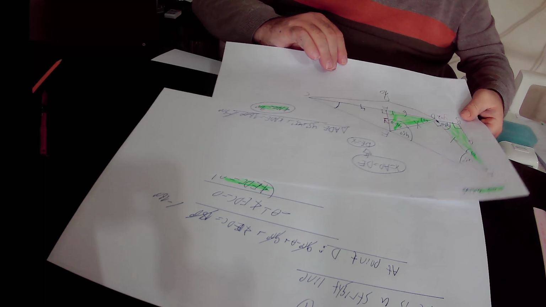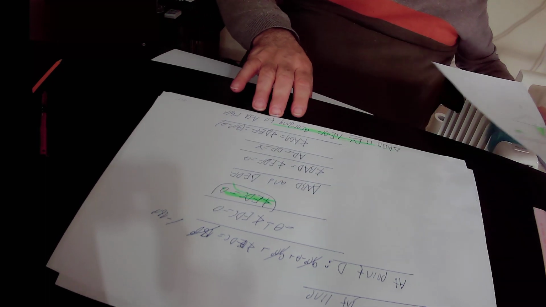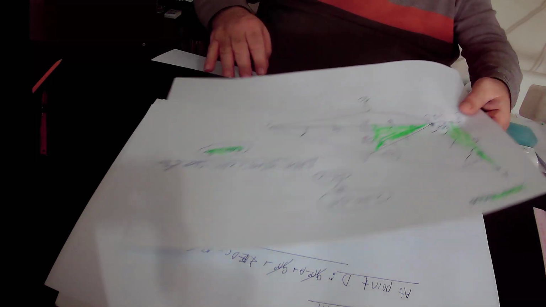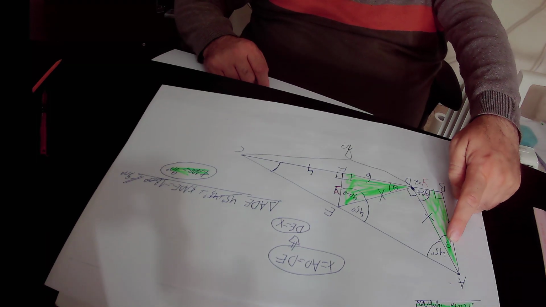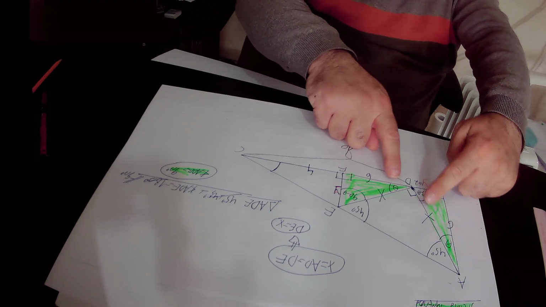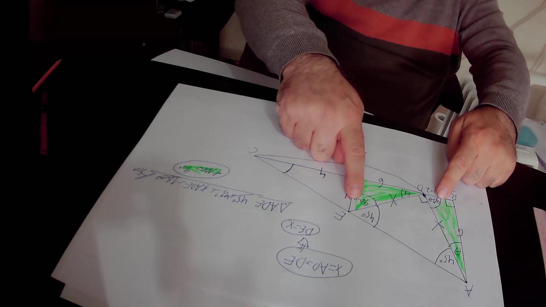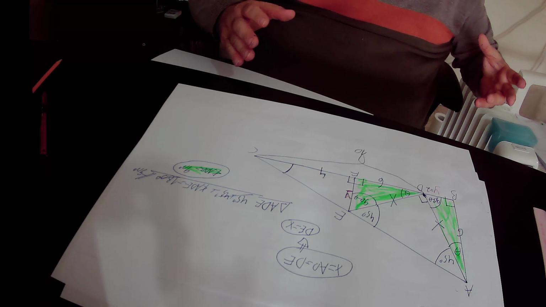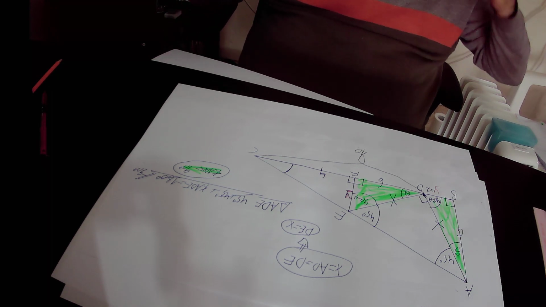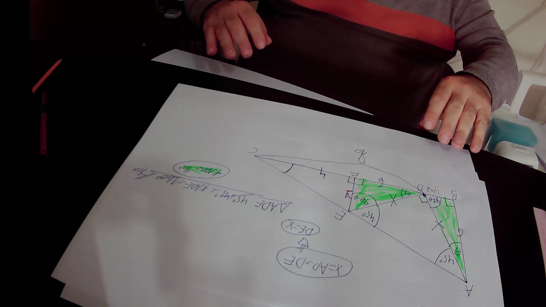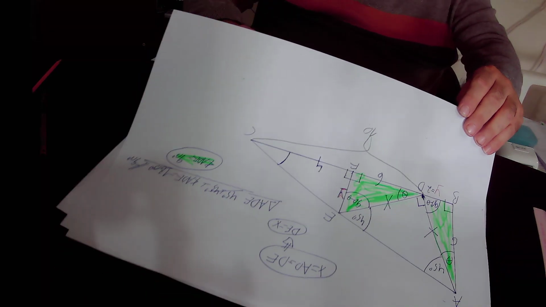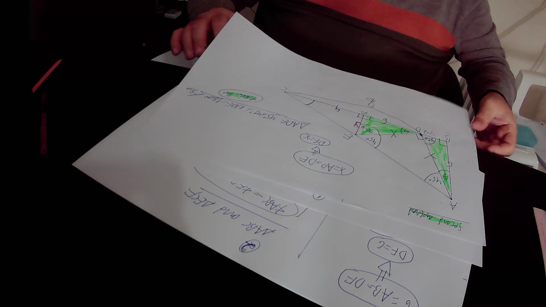So actually we proved that the green triangles can go into each other according to the angle side angle rule. We have angle, side, angle in both triangles, therefore those two triangles are congruent according to the angle side angle rule.